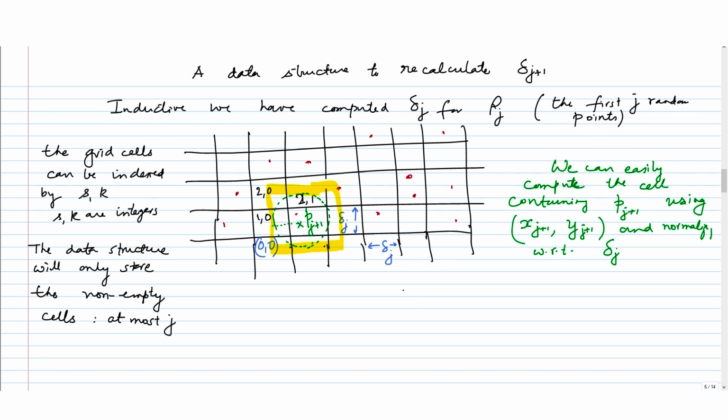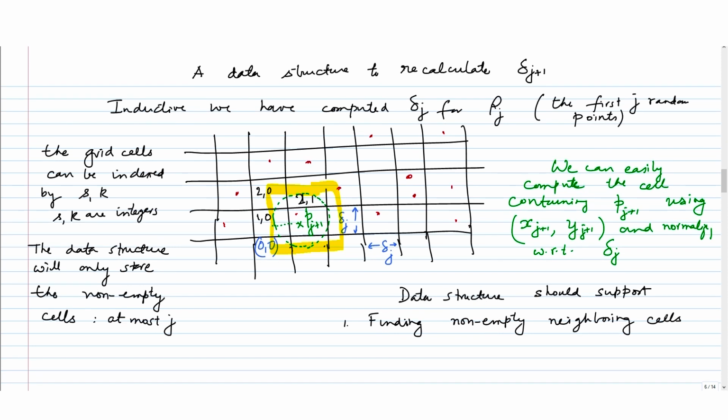So the data structure should support finding non-empty neighboring cells. So given a cell, I should be able to find the non-empty neighboring cells.